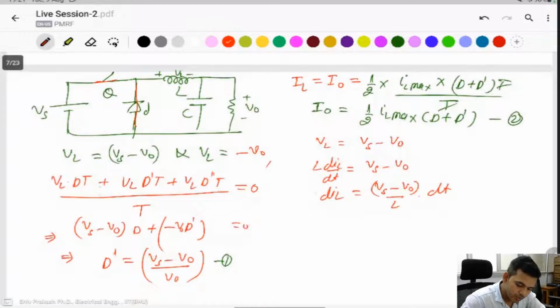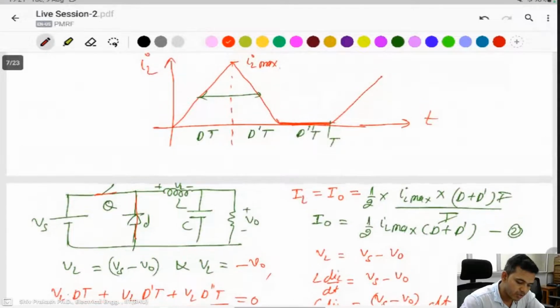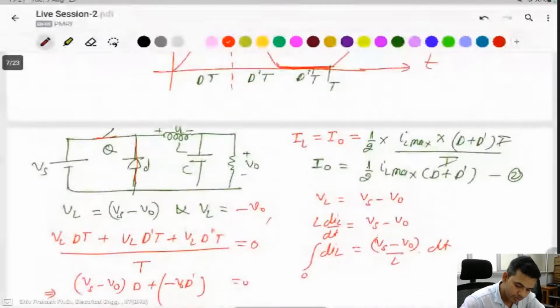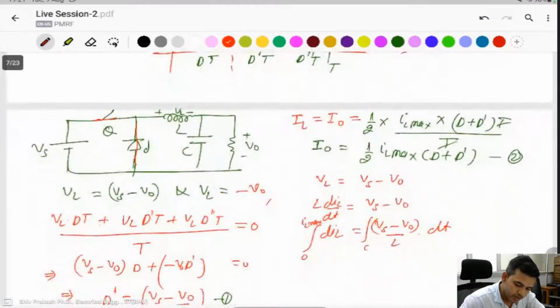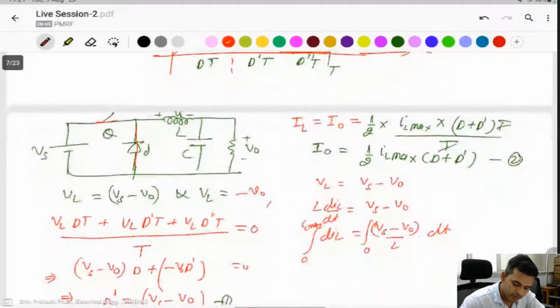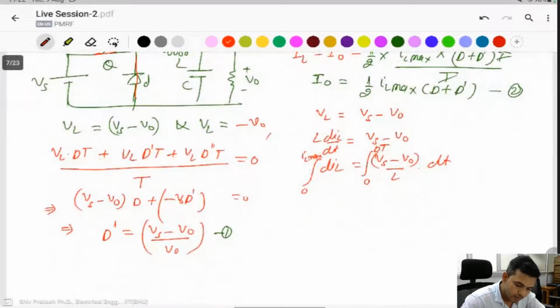You integrate both sides, in discontinuous conduction from 0 to IL max, and from 0 to dT. You solve this, you will find IL max is equal to (Vs minus V naught) divided by L into dT.